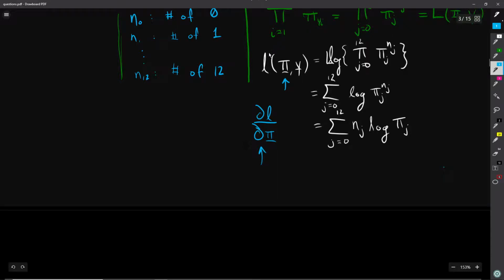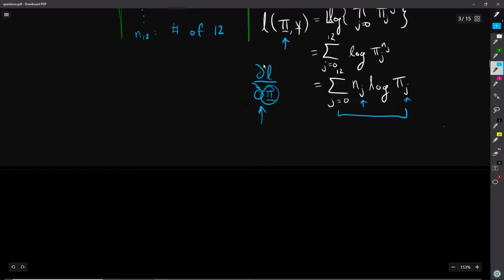Now the thing to note is that this expression looks basically the same for any of the values of pi, right? If we plug in pi 0, then all that's changing is this j and this j. And otherwise, it looks effectively exactly the same.